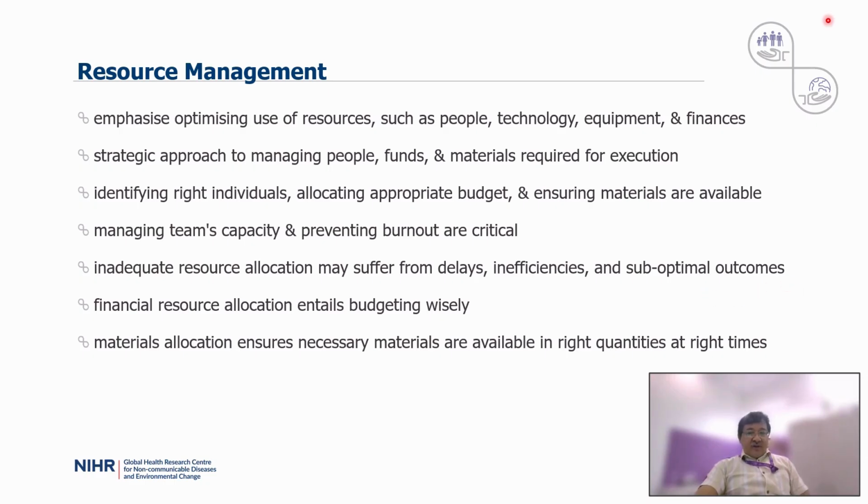Moreover, financial resource allocation entails budgeting wisely to ensure that project expenses are well balanced. Allocating appropriate funds to various project aspects prevents overspending and enables the project to remain within budget constraints.